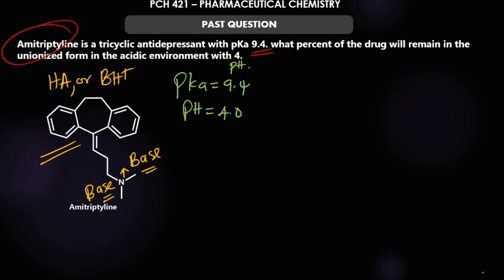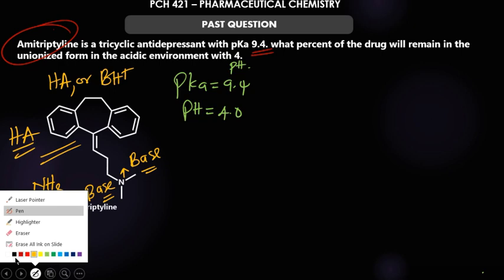Most times when you see compounds containing nitrogen, like ammonia, NH3, they are weak bases. They cannot give this hydrogen out. A compound that easily gives hydrogen out is an acid. So amitriptyline is a base.